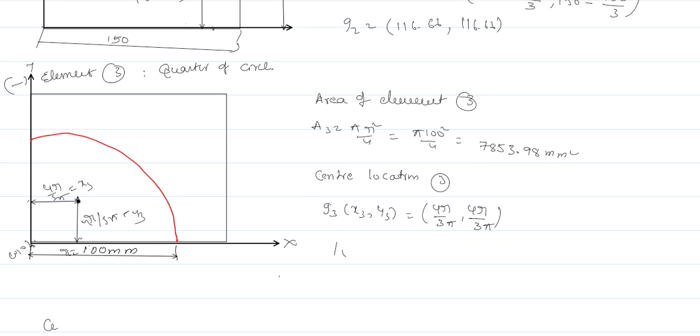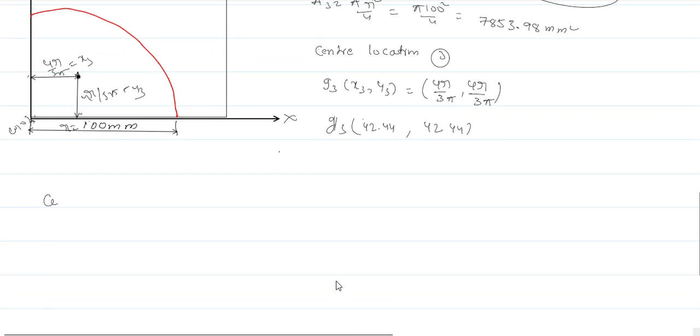So that is G3 equal to 4r by 3 pi, where r is equal to 100. So 400 by 3 pi, you will get 42.44 comma 42.44. Here r is equal to 100 mm. Remember, that is the given value from the actual shaded area figure. You can observe the figure, you will get the value.